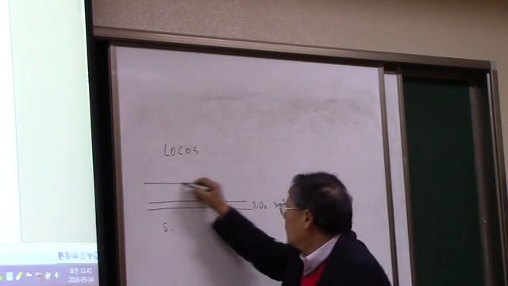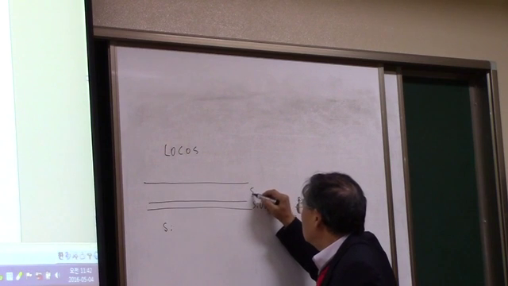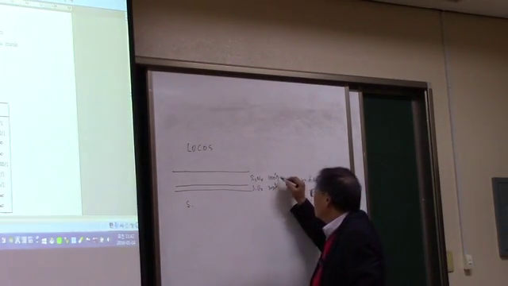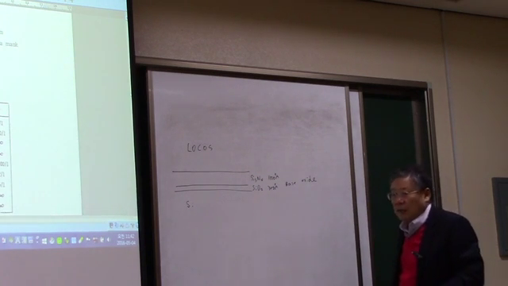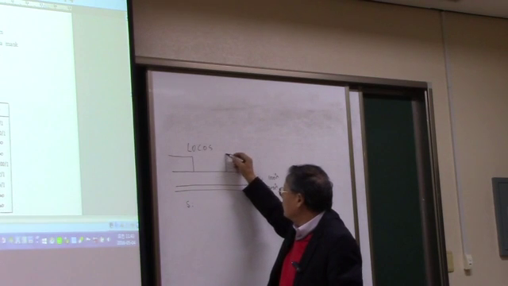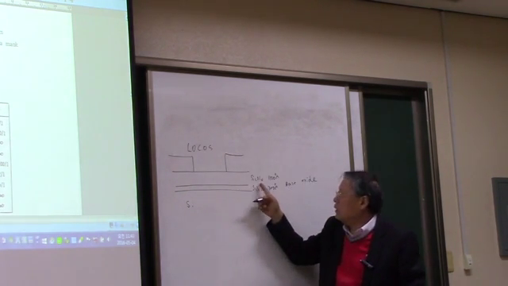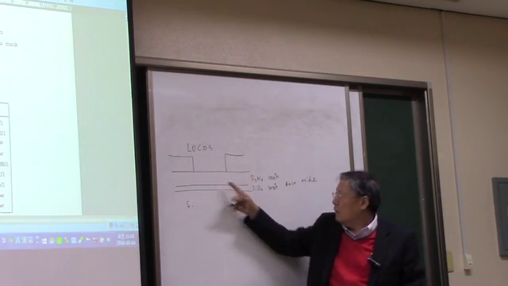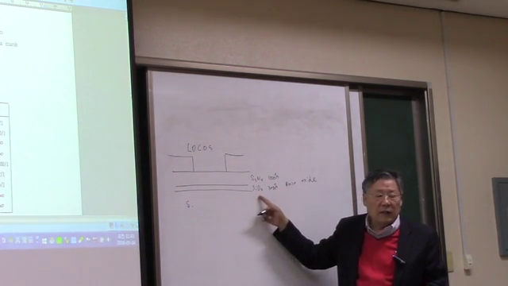And then we deposit the 1100 angstrom silicon nitride, and then we mask this with a photoresist, and then we have to etch the silicon nitride, which is deposited on the silicon oxide.